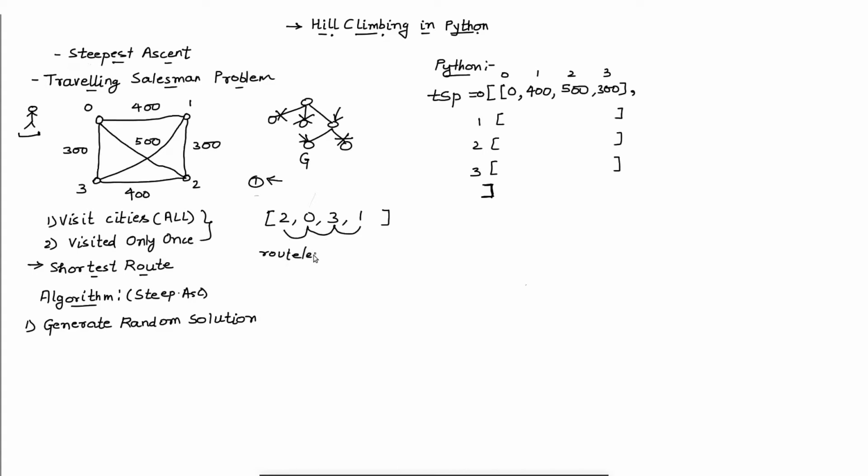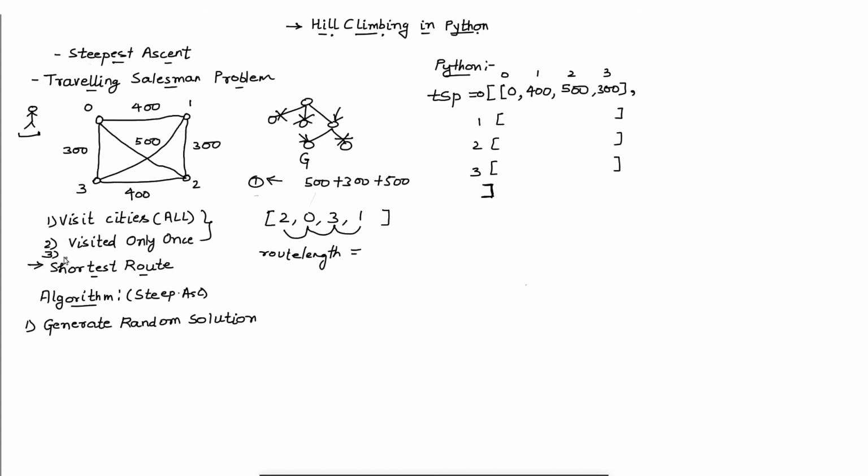So for this specific case, what will be the route length? From 2 to 0 we have 500 as the route length, plus 0 to 3 is 300, so 500 plus 300, and then from 3 to 1 is also 500. One more thing I forgot to mention here is that there are actually 3 constraints, not 2.